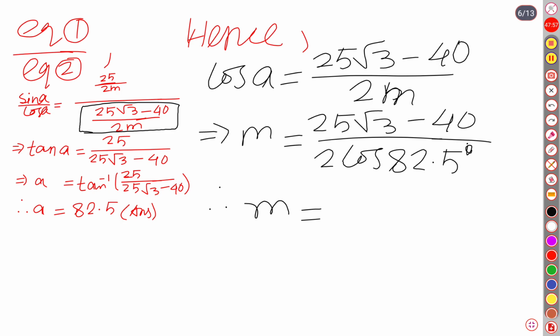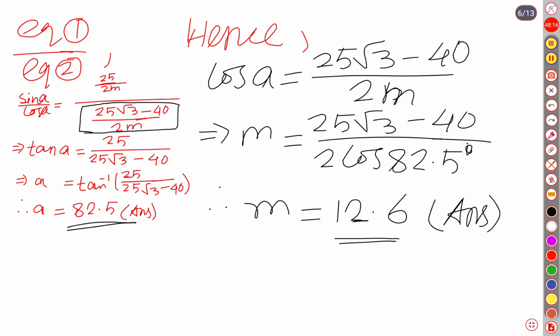If we round it to three significant figures, it is 12.6. The kg is not necessary to be written. So these are the two values: one is 82.5, the angle, and the mass of particle R is 12.6 kg.